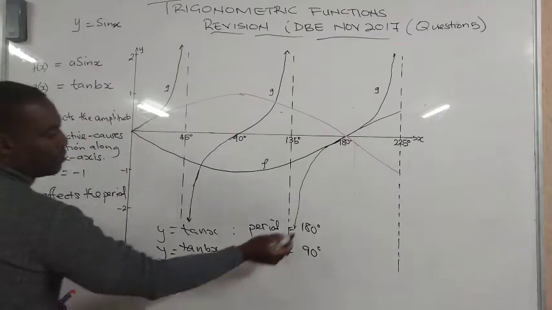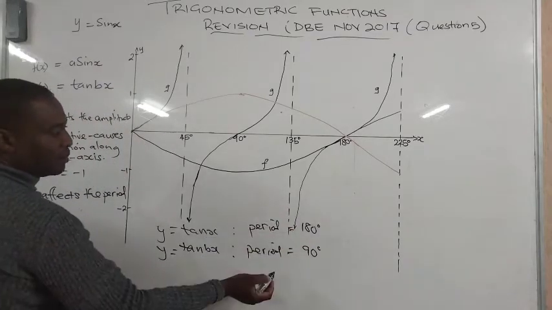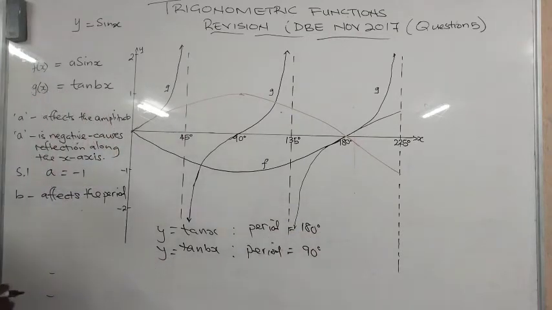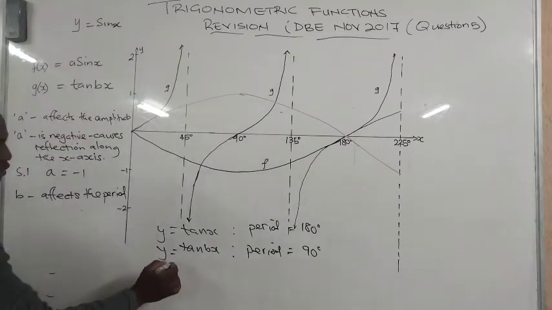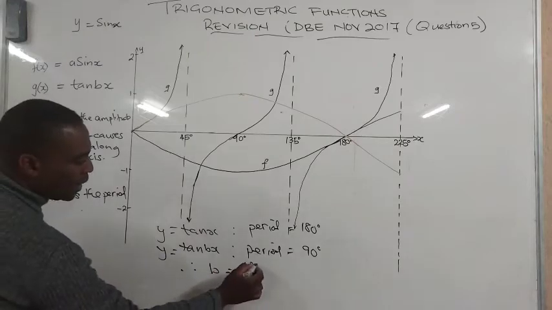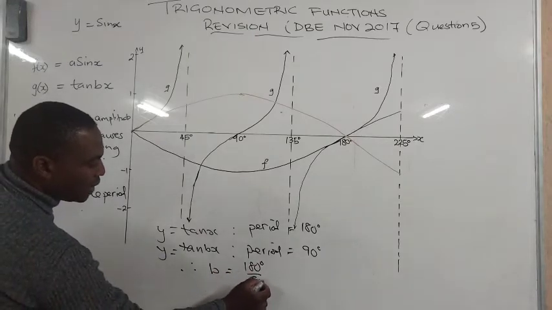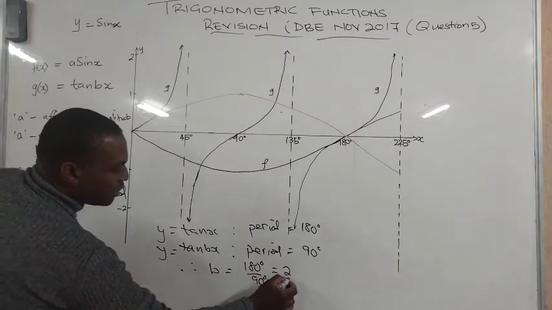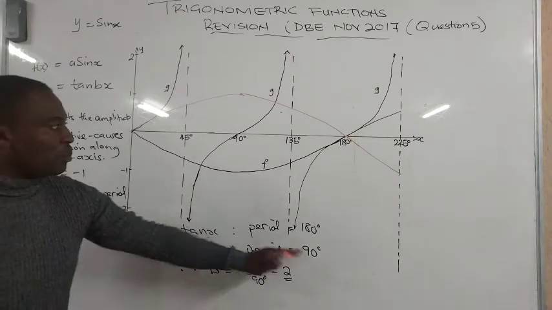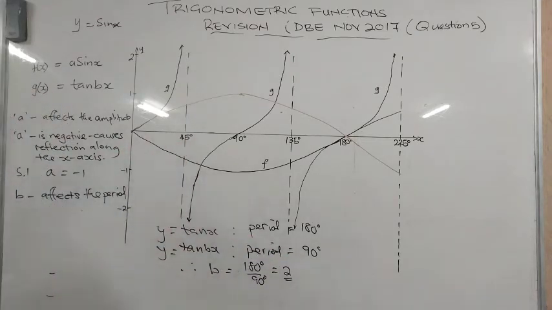So what is it that has been done to 180 to get 90? So we can just say, therefore, b will be 180 divided by 90, which will give us 2. So we are dividing 180 by 2 to get the new period, which is 90 degrees.